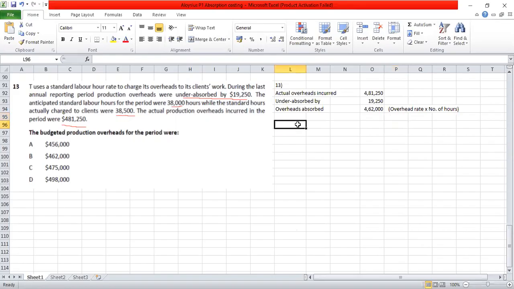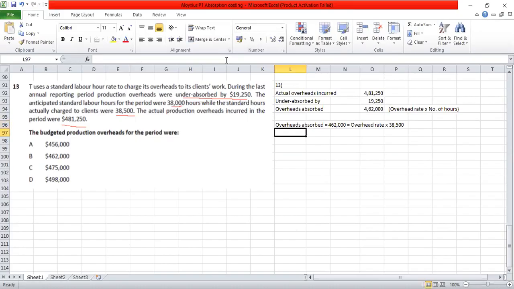So overhead absorbed is equal to 462,000, which is equal to overhead rate into how many hours? How many hours did they spend? They have spent 38,500.